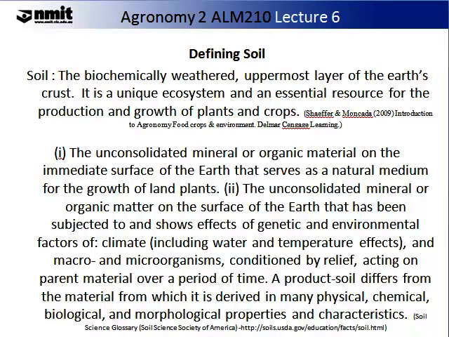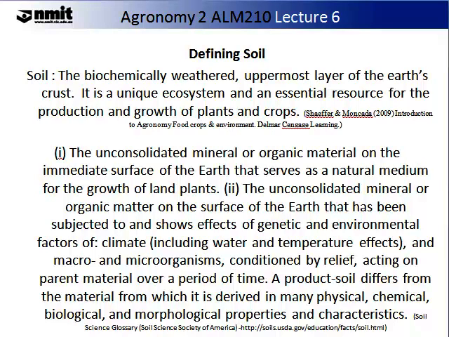A second definition I'd like to introduce you to is one from the Science Glossary, that is the Soil Science Society of America. Here, soil is defined in two parts. Part 1, the unconsolidated mineral or organic material on the immediate surface of the earth that serves as a natural medium for the growth of land plants.